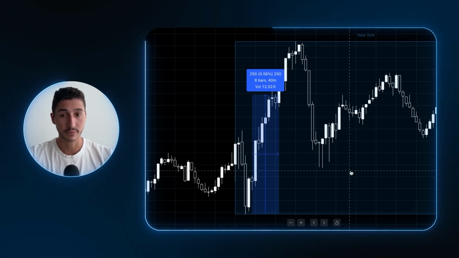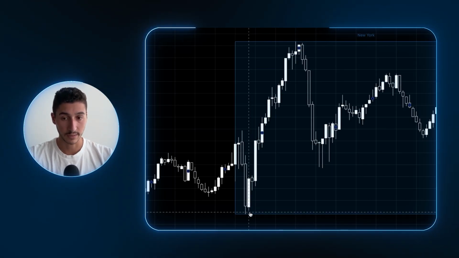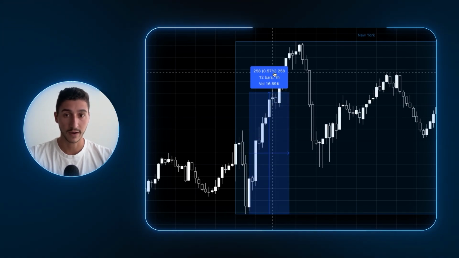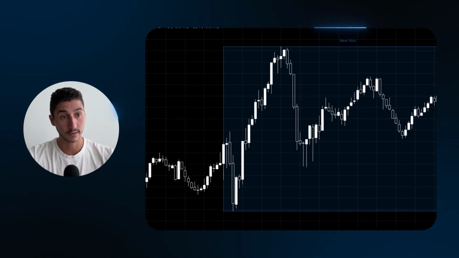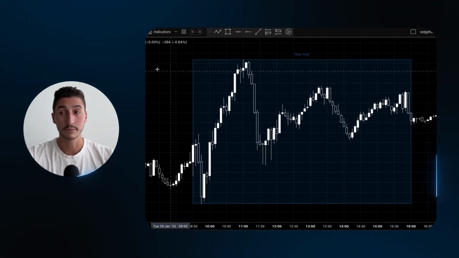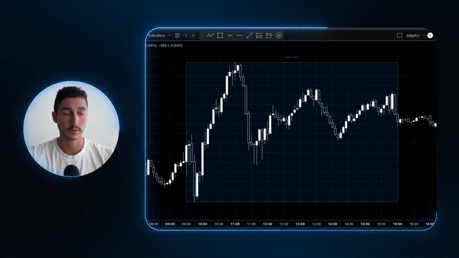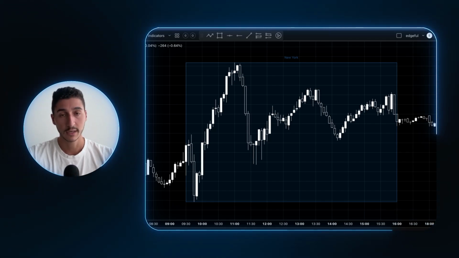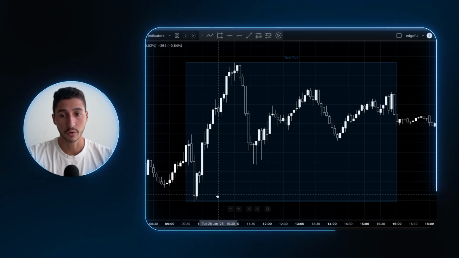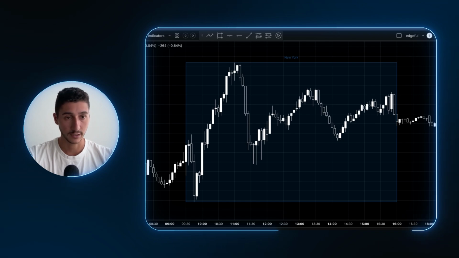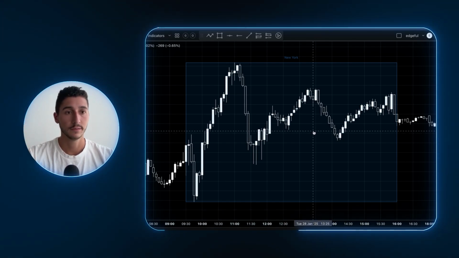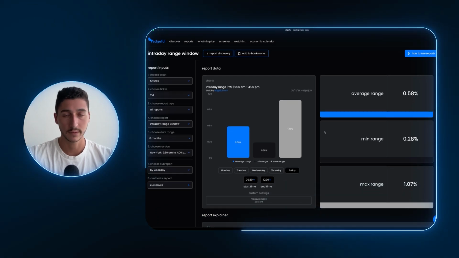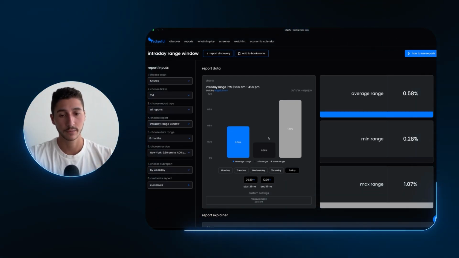So 0.58% right here. It's going to be the same exact concept. You're looking at 0.58% right over here. So it's the same thing, a change in the actual price of the instrument that you're looking at. This applies to Forex, it applies to crypto, it applies to futures, it applies to stocks. It doesn't matter. You are always looking at a point change. So if a stock is $10 and it moves $1, that is a $1 point move in that case. That would be a 10% range.